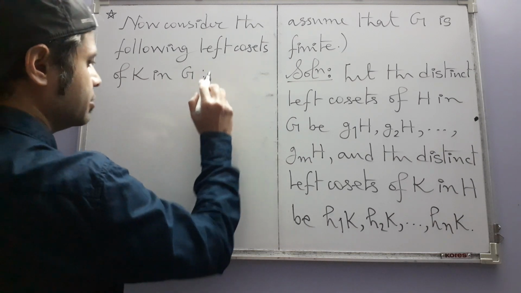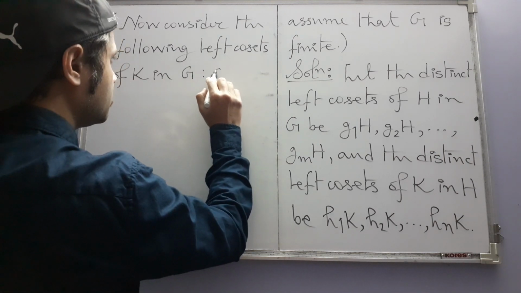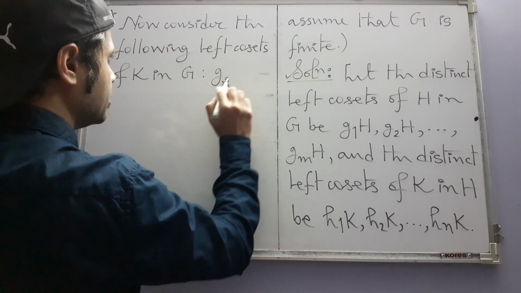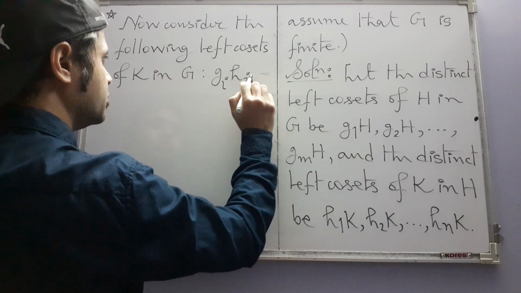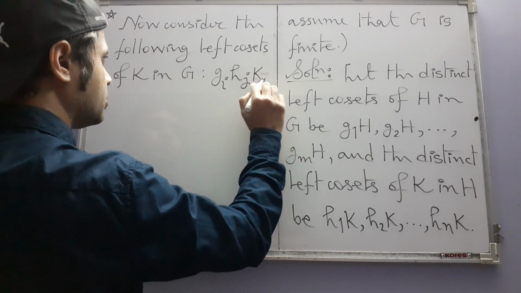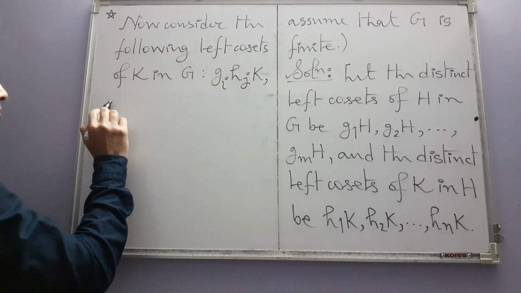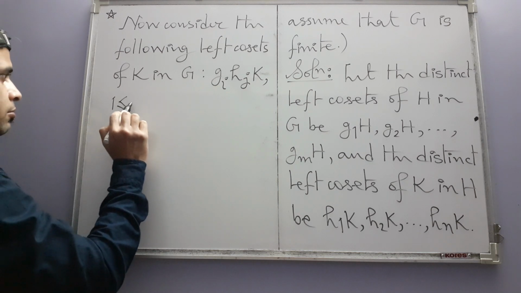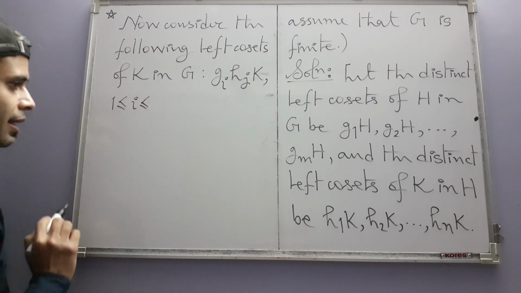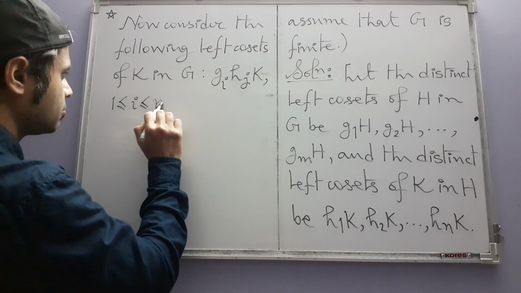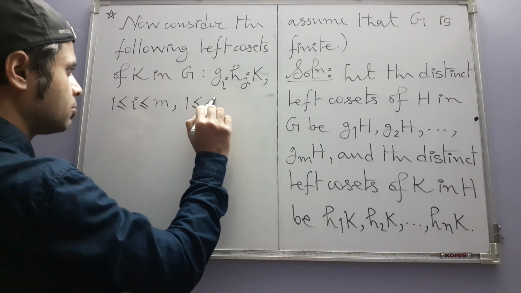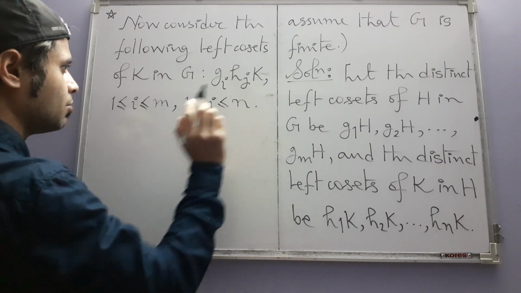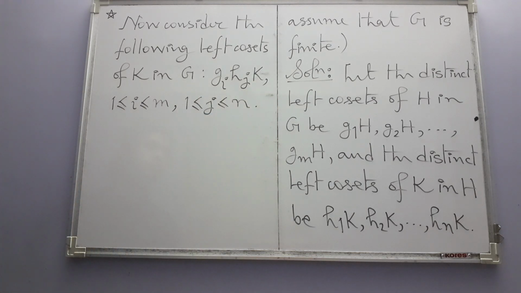Let me write like this: gi hj K, where i varies from 1 through M and j varies from 1 through N.